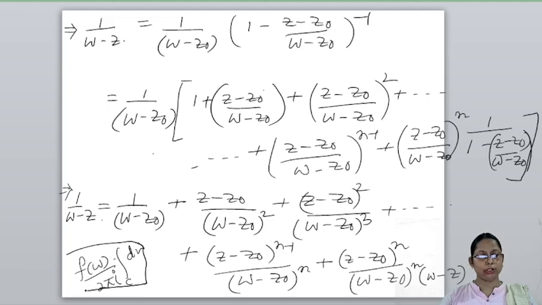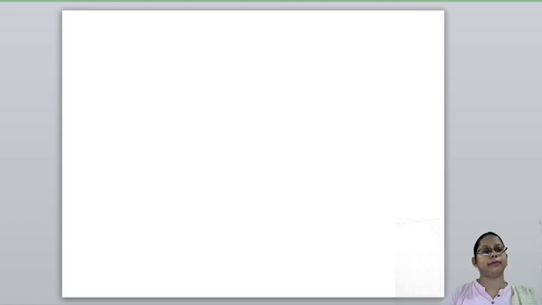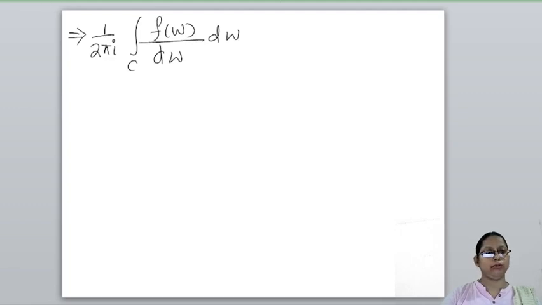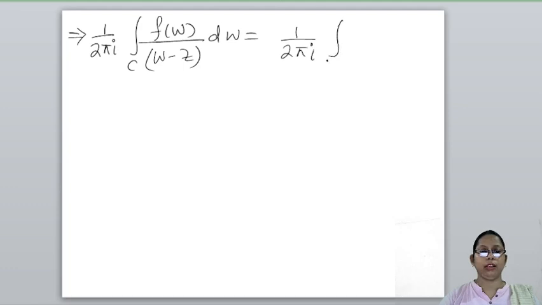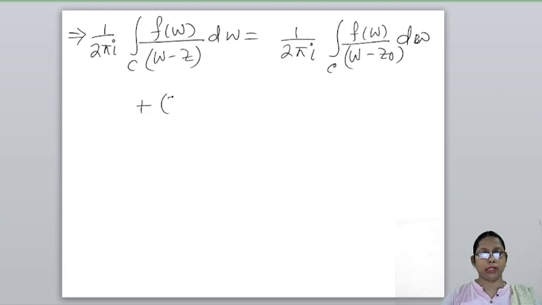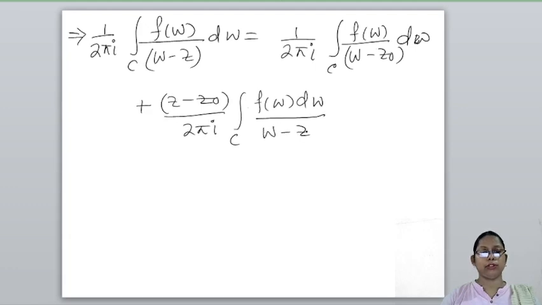In the next step, using this formula, I will get f(w) dw by (w minus z) integral over C, 1 by 2 pi i times the integral over C of f(w) dw by (w minus z naught), then (z minus z naught) by 2 pi i times the integral over C of f(w) dw by (w minus z naught) squared.